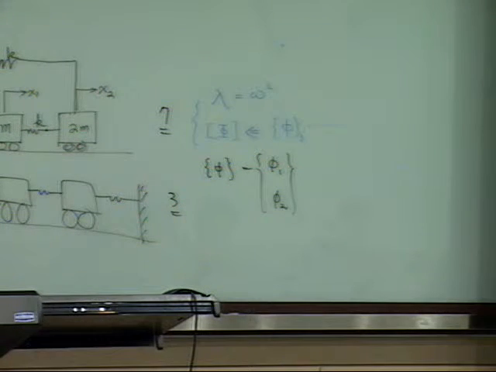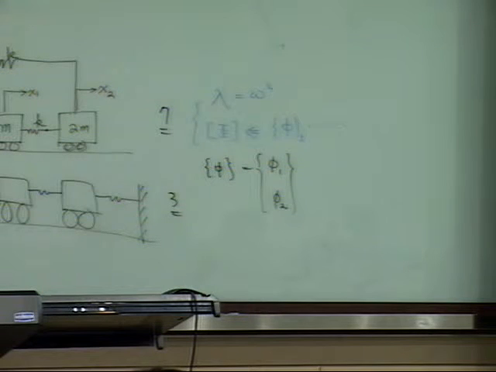Then phi R is a transpose, and you can spell it out in a row for the vector. Then rewrite the above equation. To simplify it, divide by K. Then you have that expression right here.